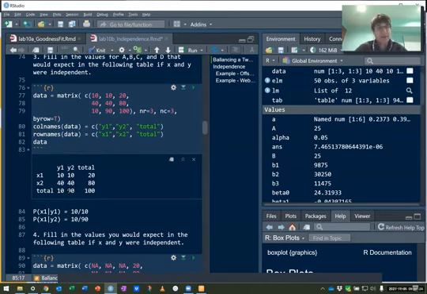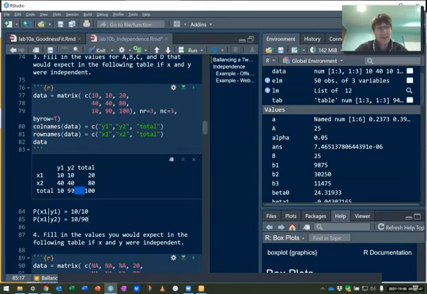So how do we balance this? Think about how we might balance this table so the probabilities are not going to change. So here's the trick.